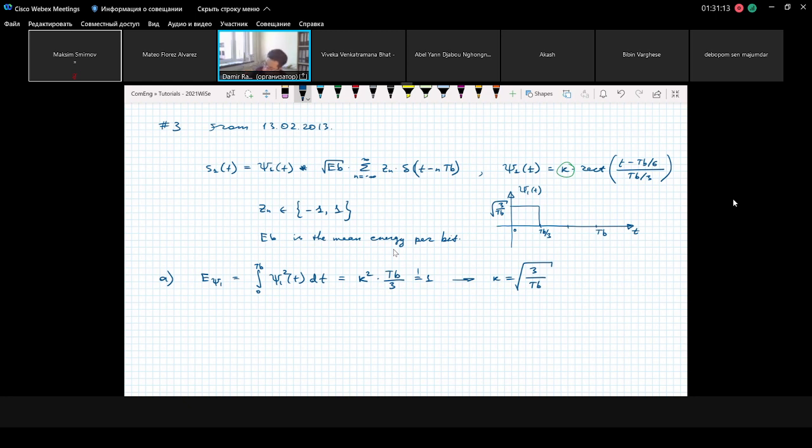So this is how our basis function looks, and we also have the amplitude for it.